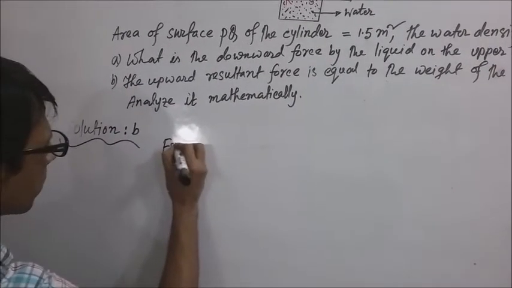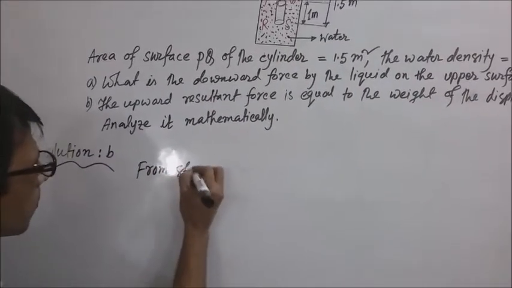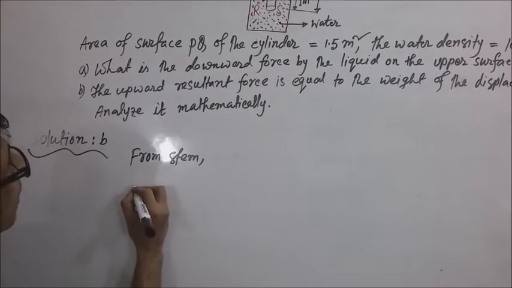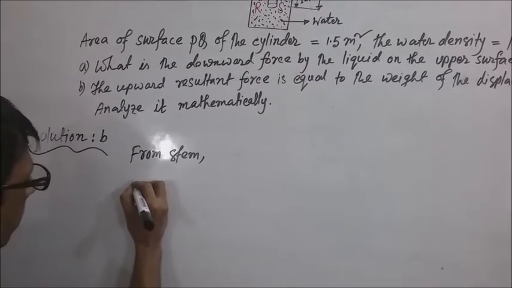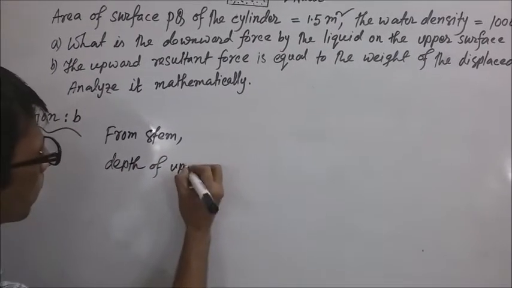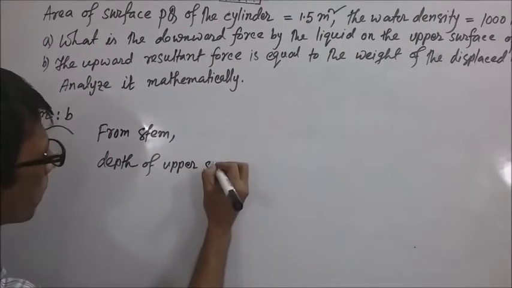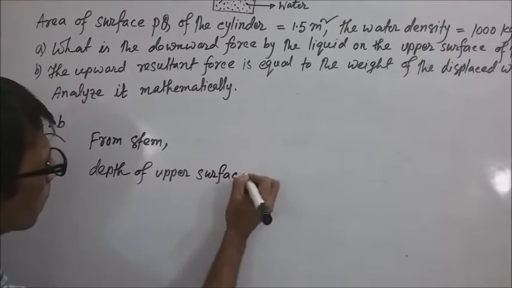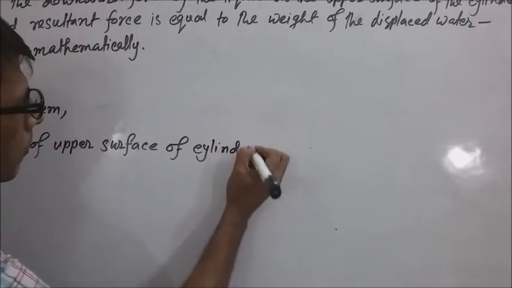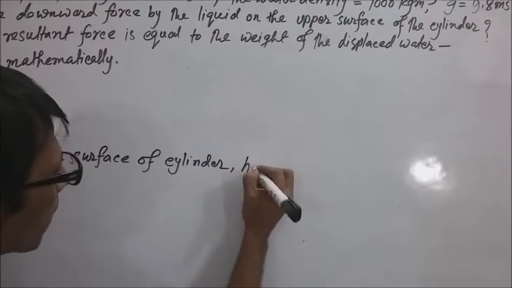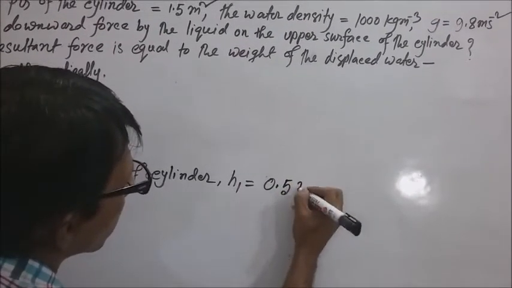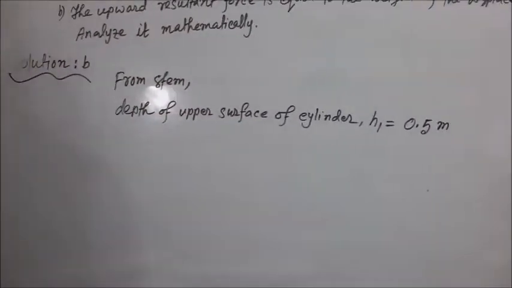From stem, depth of upper surface of cylinder is H1 equal to 0.5 meter.